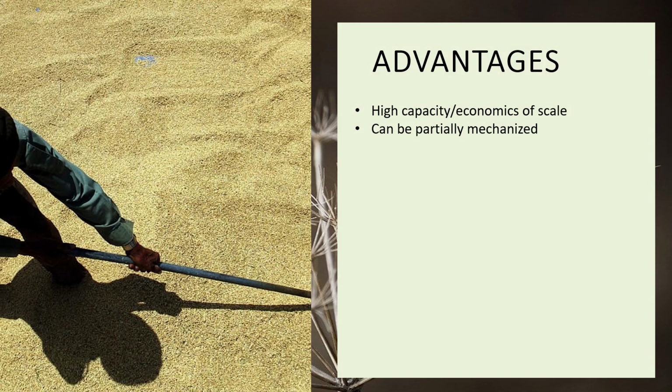So we can dry high capacity crops with the help of this pavement drying, and economies of scale, and it can be partially mechanized, and as a result this drying technique may be faster in comparison to the mat drying.